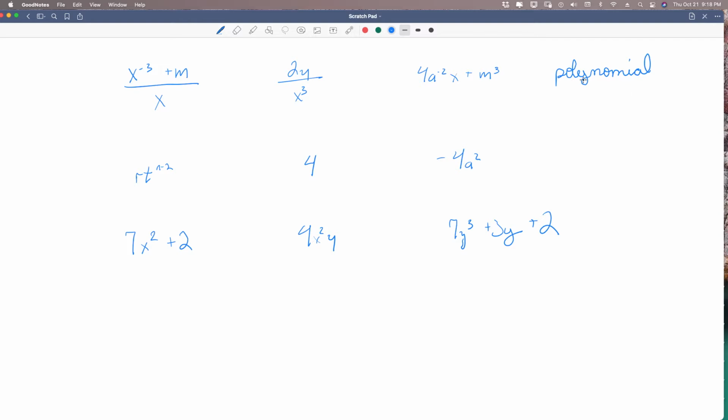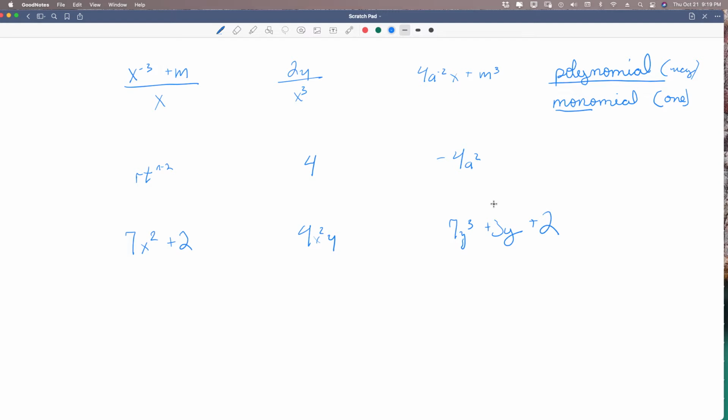Underneath the category of polynomial, which means many, or a variety, it's actually closer to a variety than many, we have a term called monomial, which means one. Mono means one.